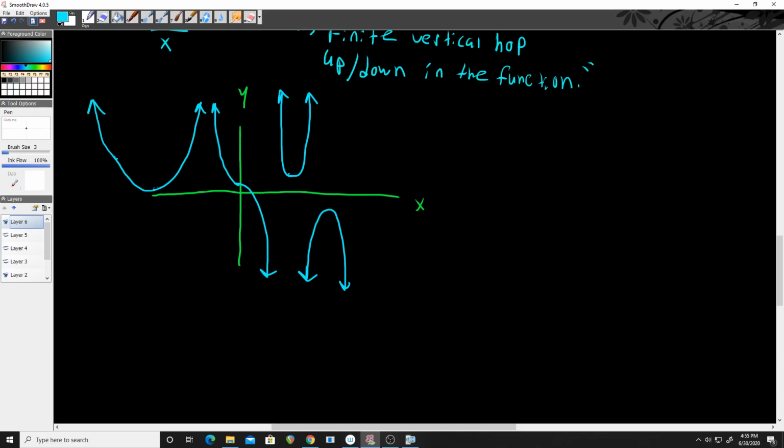So here is an infinite discontinuity right here. I'll just abbreviate it with disc. Here's one, and here's one. Okay, so we got four places, and then it looks like it goes up to infinity here as well. So anytime we have something like this where the function goes to plus or minus infinity, we call that an infinite discontinuity.